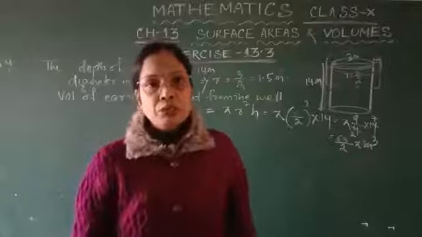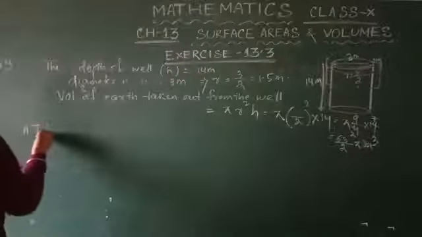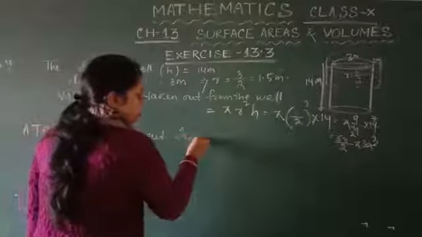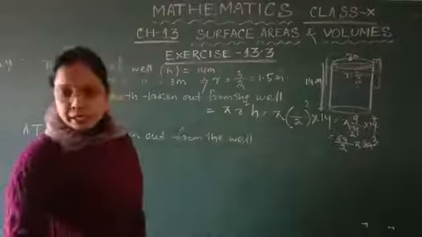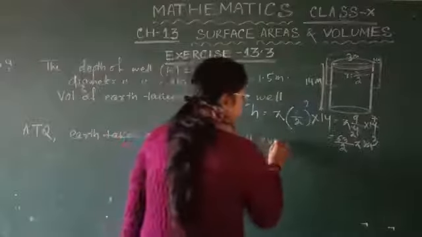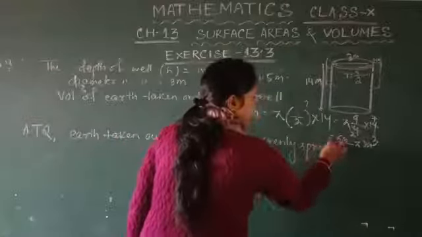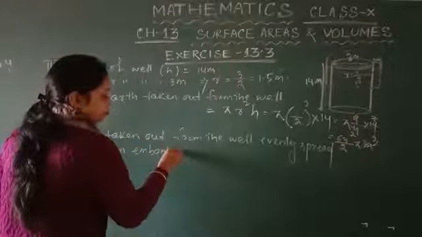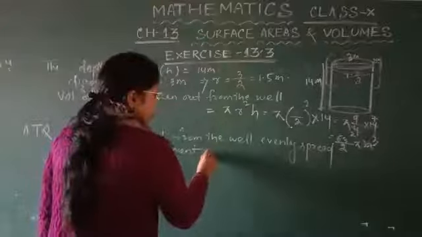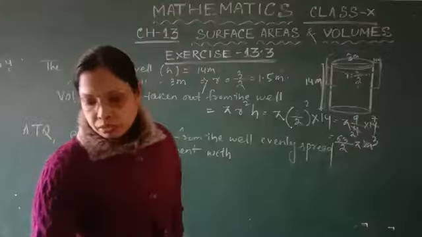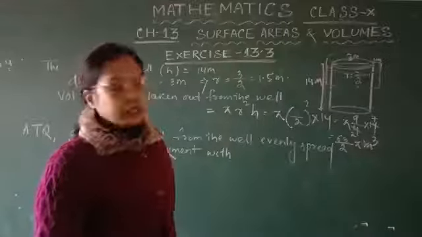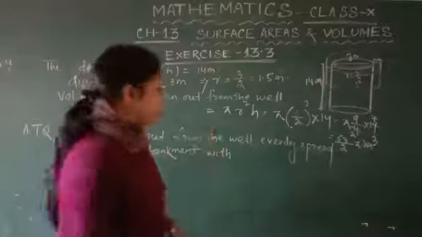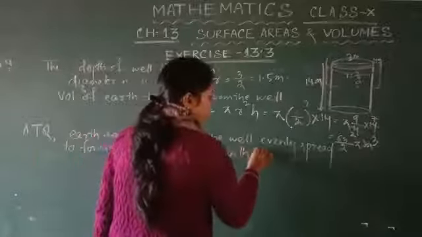So according to the question, the earth taken out from the well is evenly spread to form an embankment of width 4 meter.